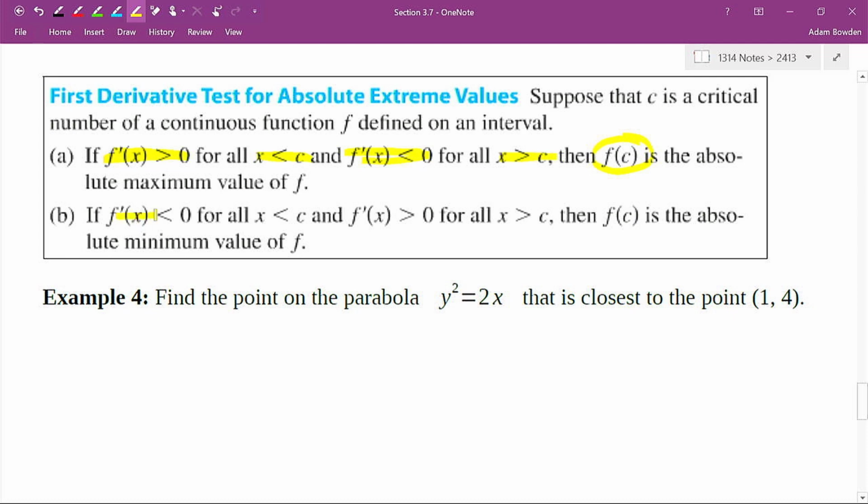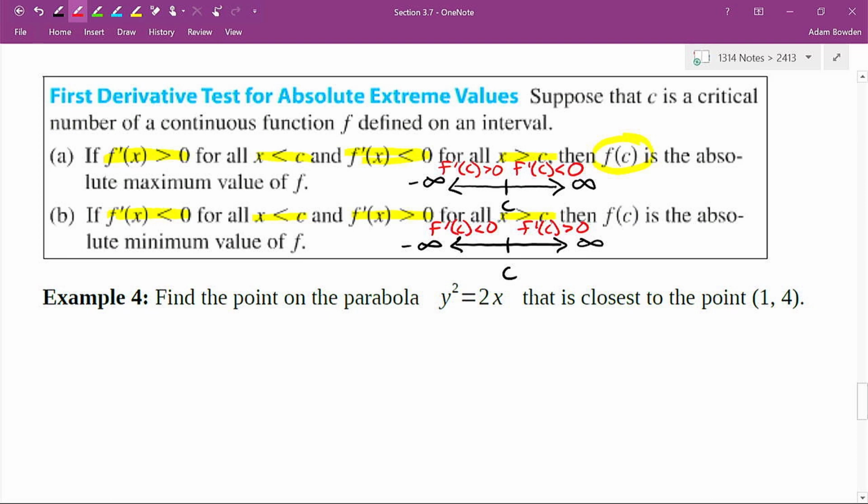Similarly, if f prime of x is less than 0 for all x less than c, and f prime of x is greater than 0 for all x greater than c, then f of c is an absolute minimum value of f.